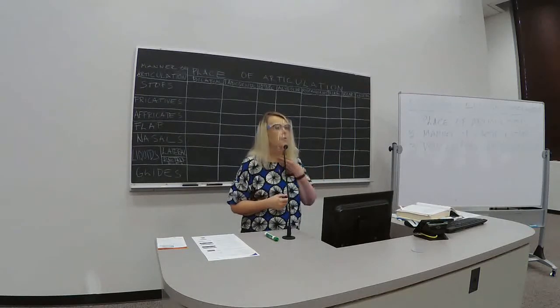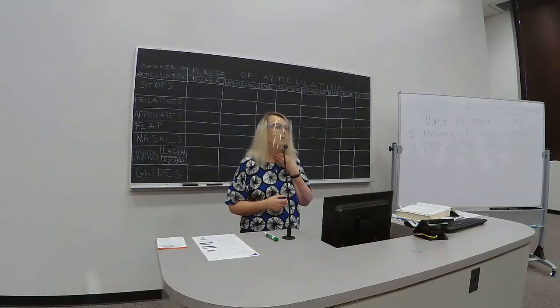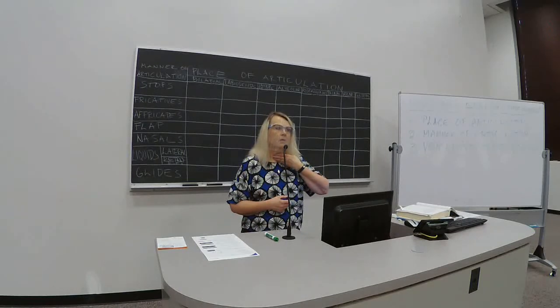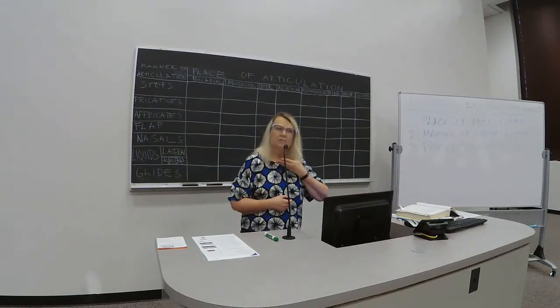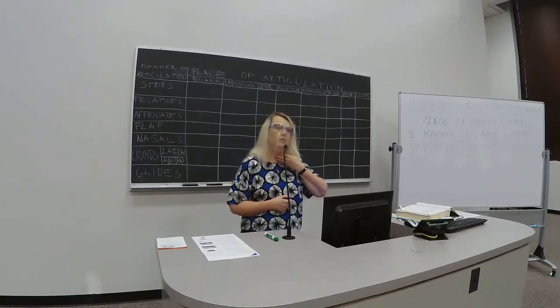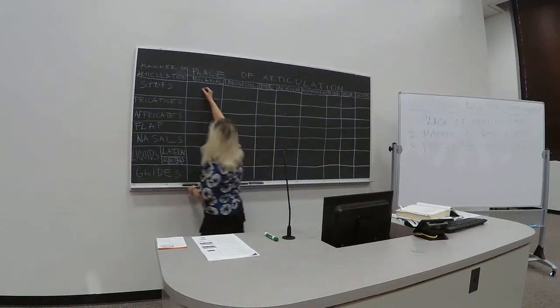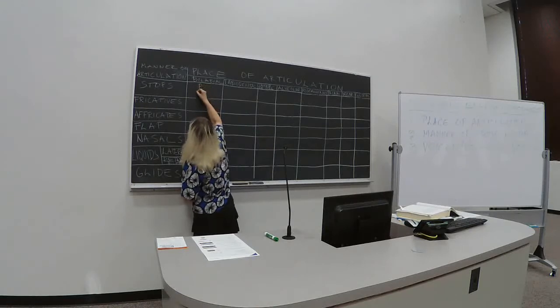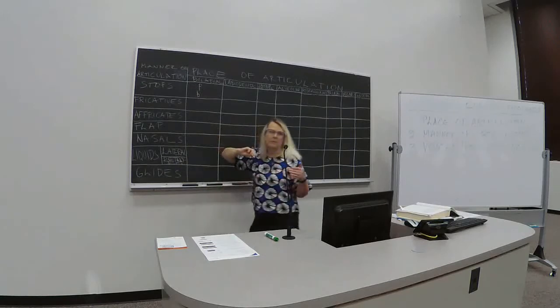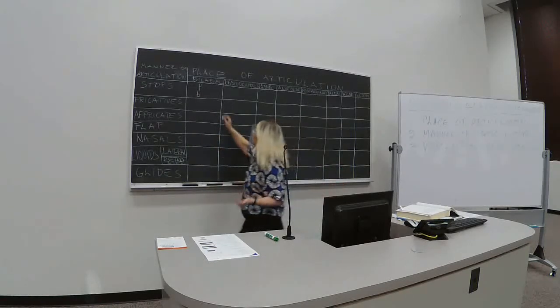Now, what's the difference between p and b? Let's try it out. B, b, b. Use more of your throat with the latter one. It is voiced. The vocal cords are vibrating. You can feel the vibration there in your larynx. So English has two bilabial stops, p and b, and the difference is the voicing.